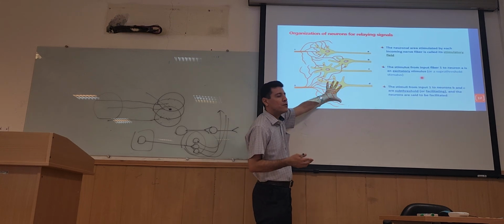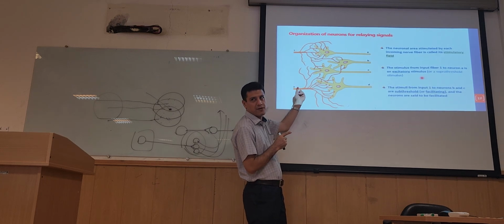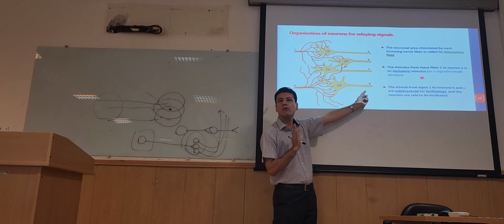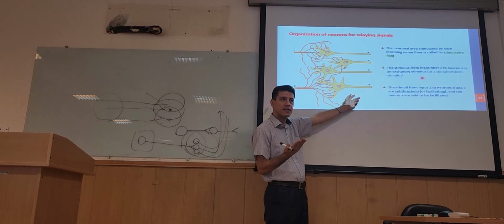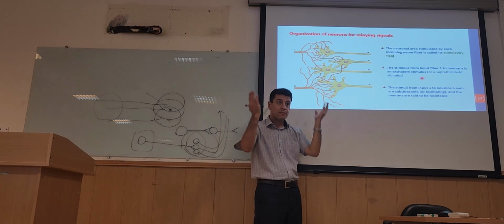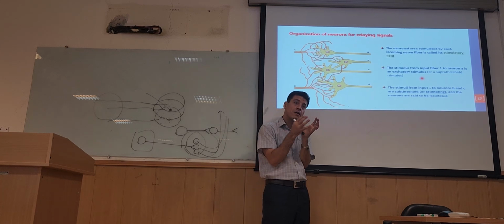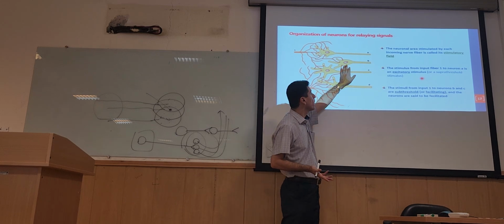Now we can say that if you have one action potential here, for sure neuron D is also activated, because it has a lot of EPSPs, they combine together, they change the potential to the threshold. So this one is activated. But what about neuron B and C?